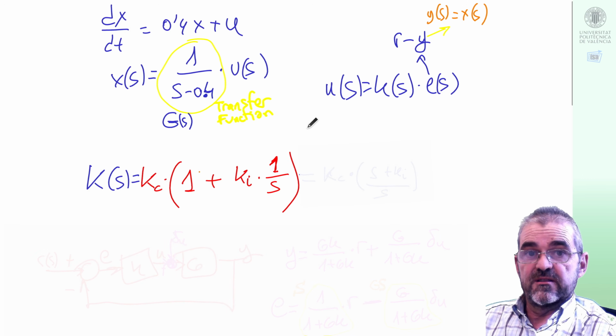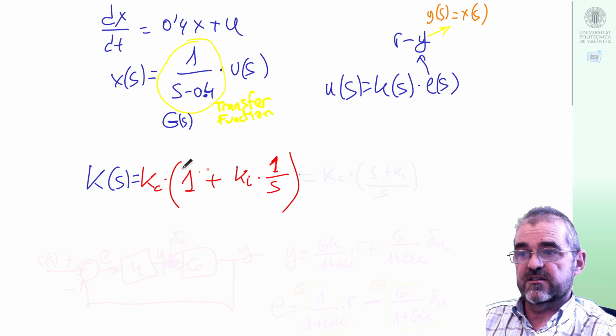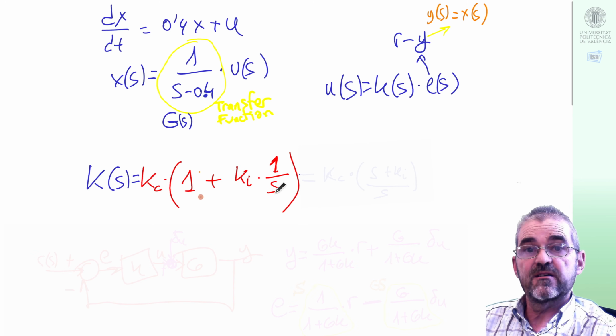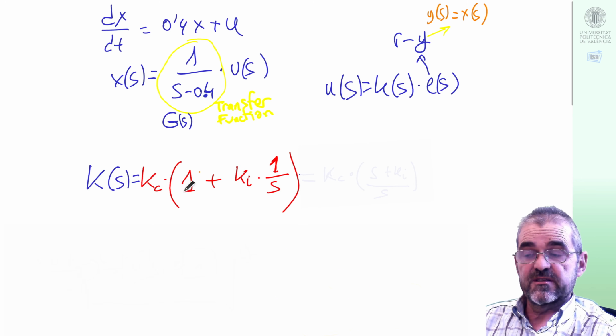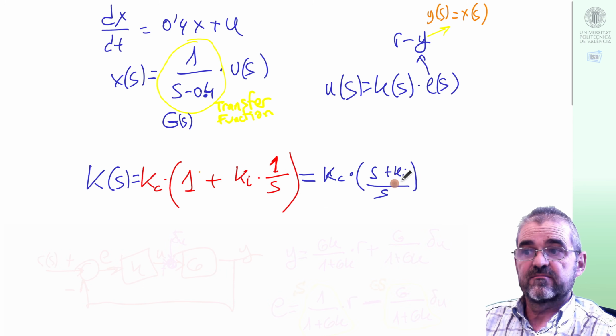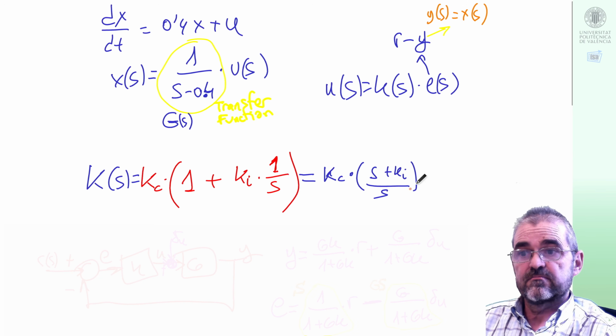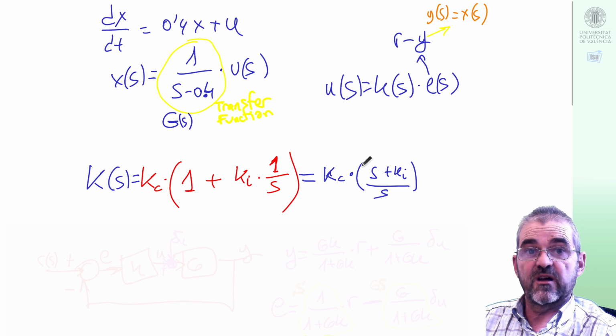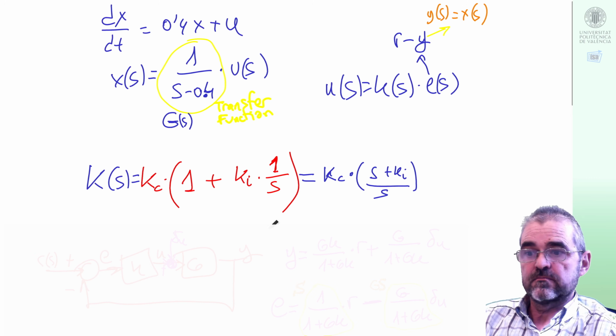A proportional integral controller has this expression in red here, but for convenience we will factorize it like this. This is s over s, so we carry out operations because this expression, which is equivalent to the red one, will come in handy later on.